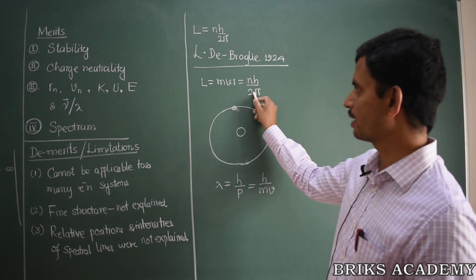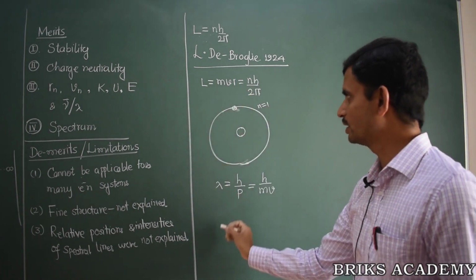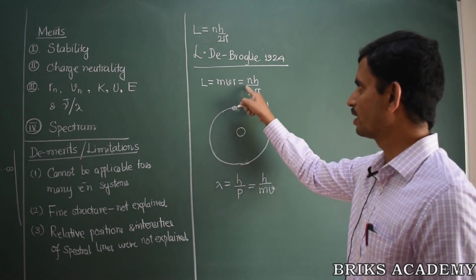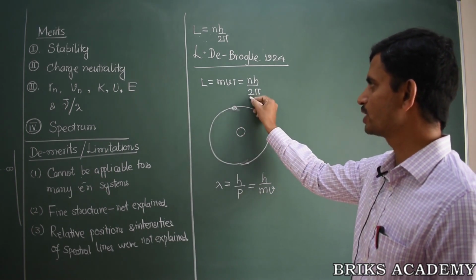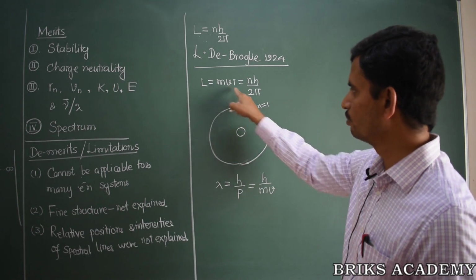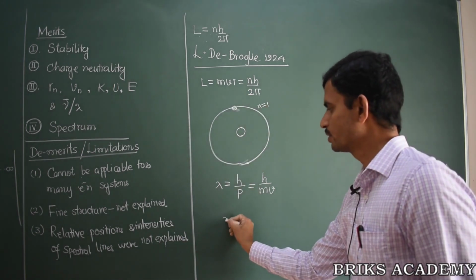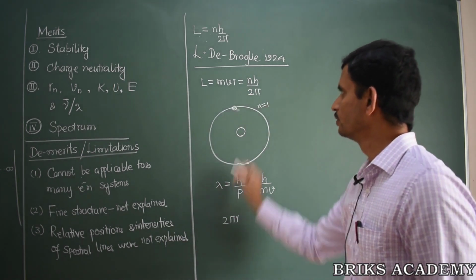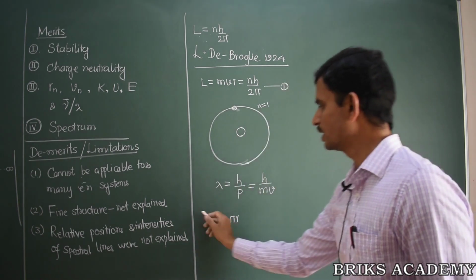Just to check that, get back to this expression. In this expression we have mvr = nh/2π. We move this 2π to the numerator of the first side of the equation and mv moves down to the other side. Then it becomes 2πr. From equation 1 we are just doing this.